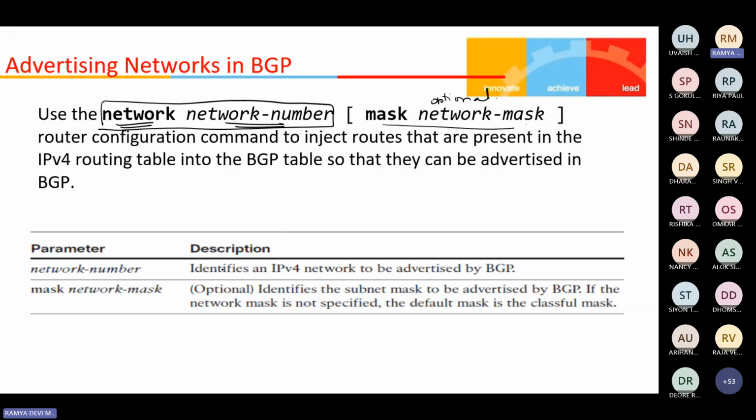So how can it be done? With router bgp 65000, then we need to use the command. This is an example for that. I'm using the network command, network, and I'm taking a random IP address and providing the mask, 255.255.255.0, a classful IP address.